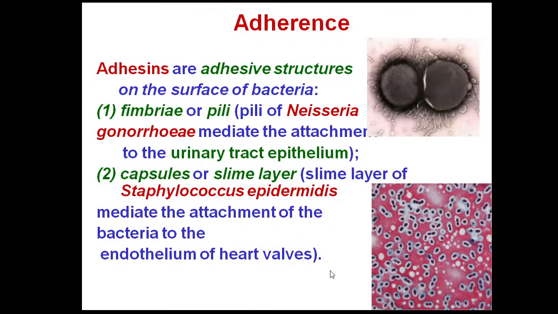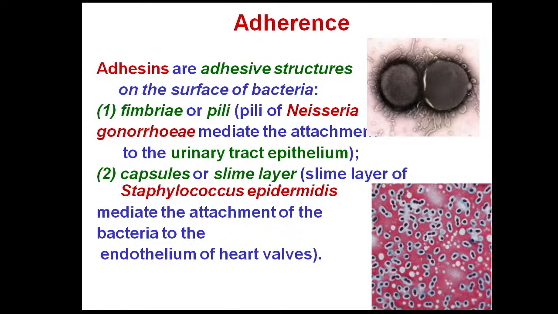So these are also some examples of adherence, right? So there's the Neisseria gonorrhoeae organism that adheres very tightly to the epithelial surface of the genital tract with the help of pili, and also to the urinary tract epithelium. And this is an example of the capsule of Staphylococcus.